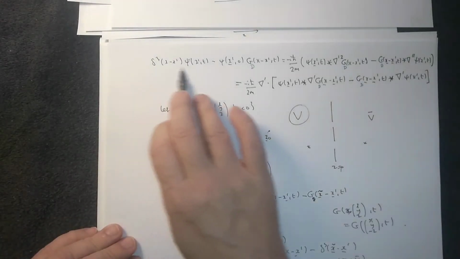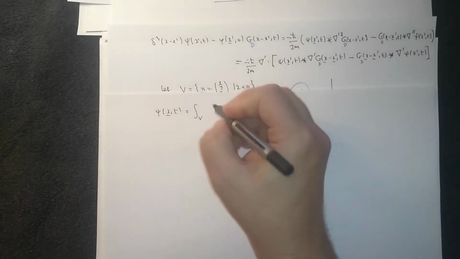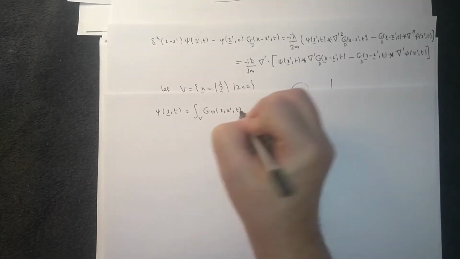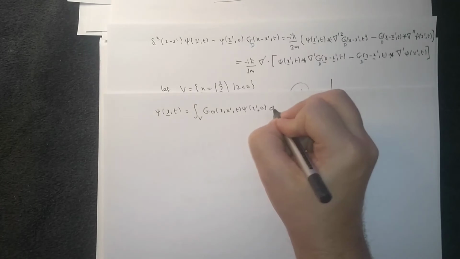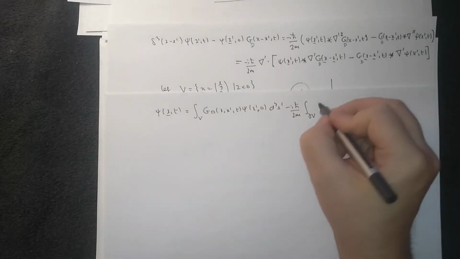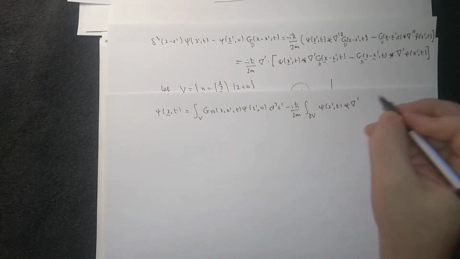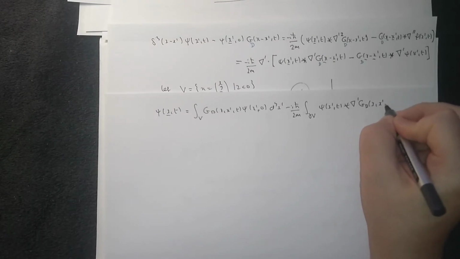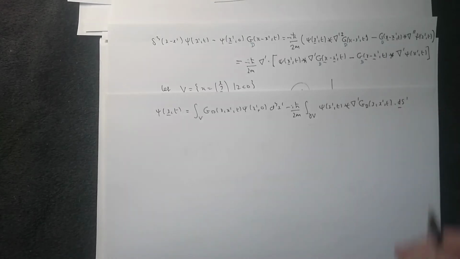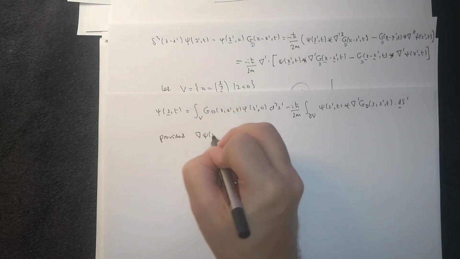So what I can do is integrate this over all of V. And what we find is psi of x and t is the integral over V of g_D of x and x primed t psi of x primed at 0 d3 x primed, minus i h bar over 2m, the integral over the boundary using the divergence theorem, of psi of x primed t convolution grad primed g Dirichlet-Green's function t dot dS primed, provided that the boundary term goes to 0.